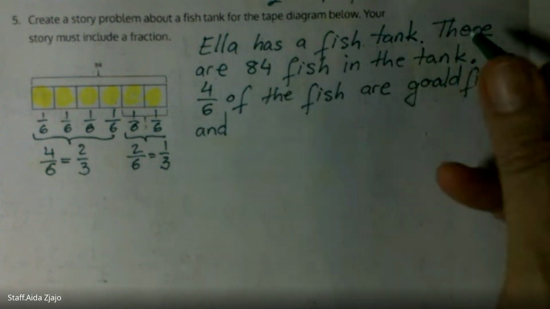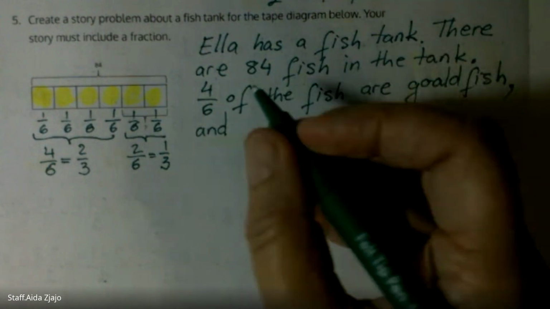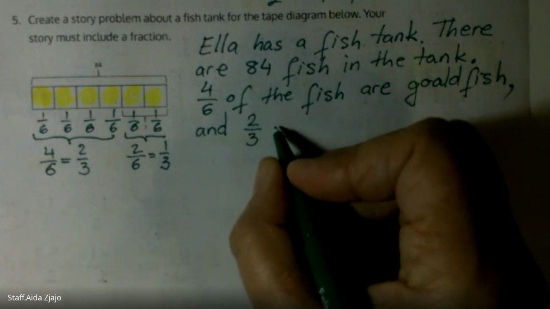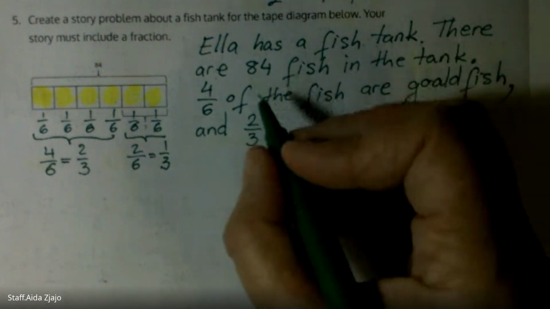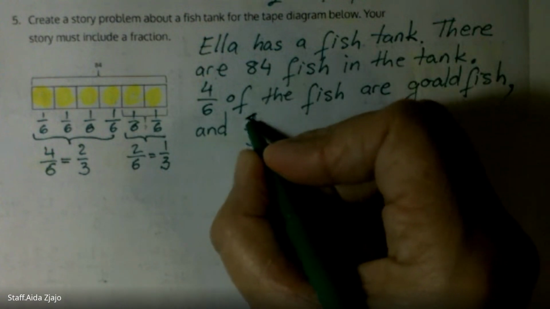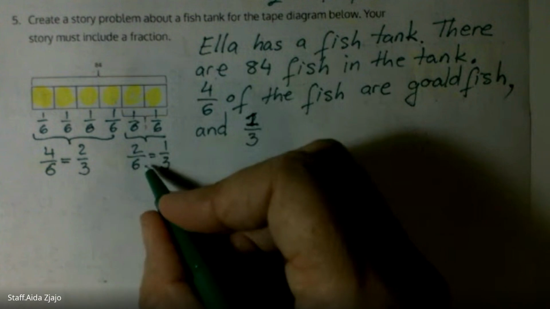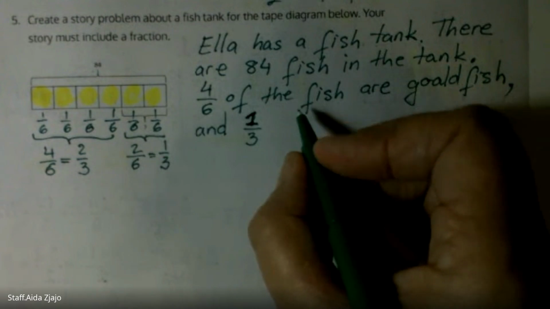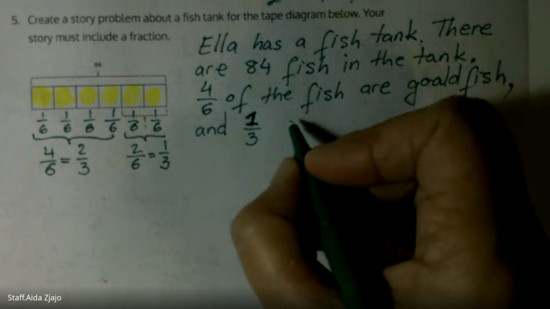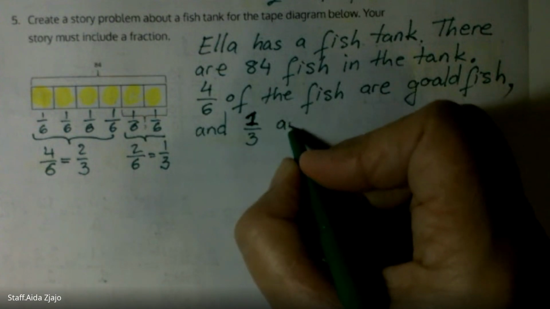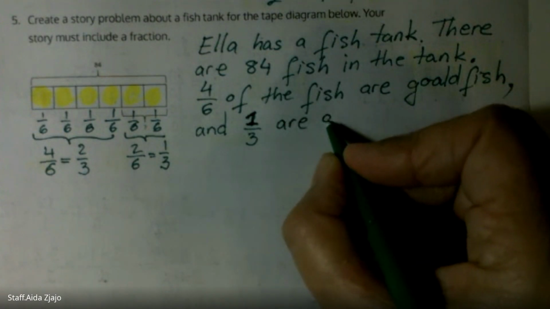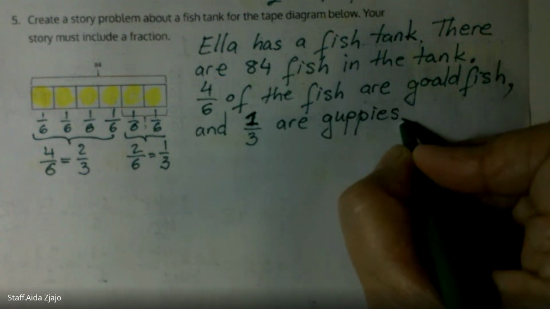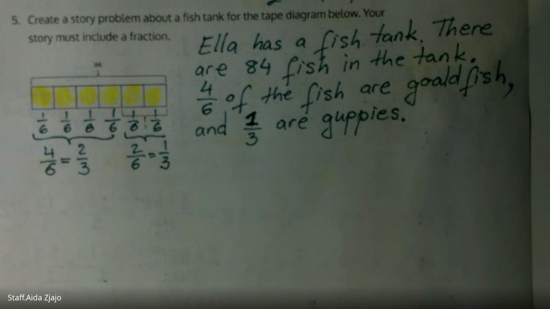Let's see. 2/3. Oh no, 1/3. Sorry, 1/3. 1/3 is 2/6. 1/3 are guppies. How many guppies are in the fish tank?